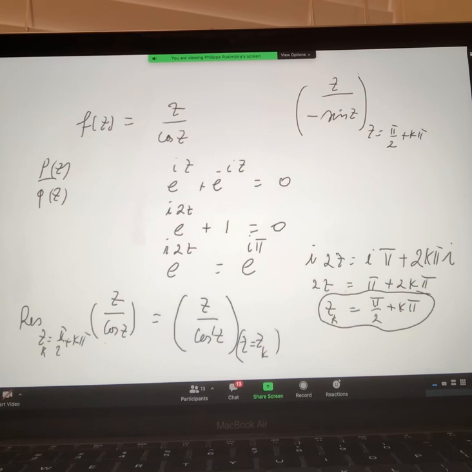Actually, make sure of that. So we're going to have e to the i pi over 2 plus k pi, minus e to the minus i pi over 2 plus k pi, over 2i.